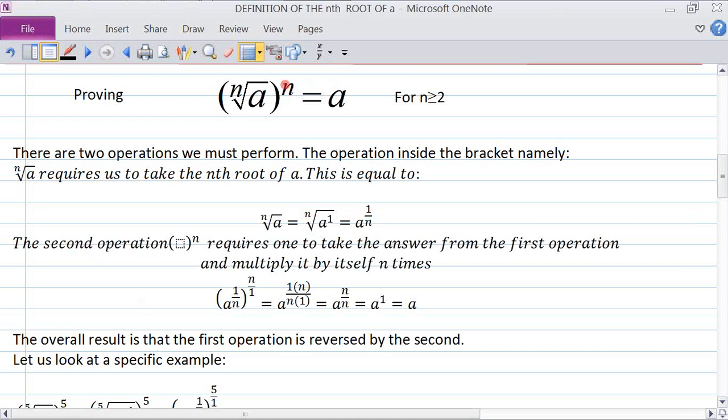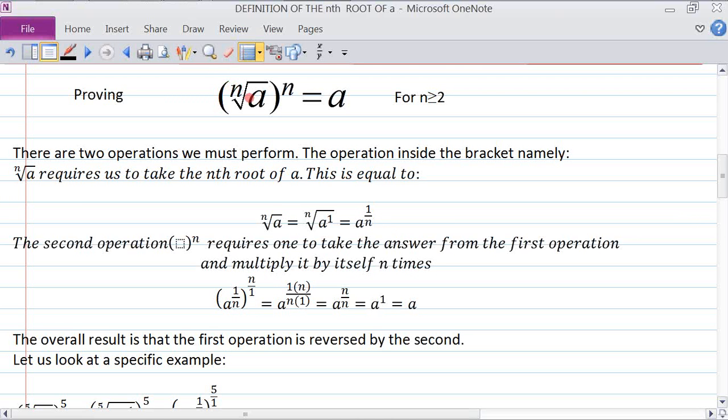Now the second operation, which is whatever happens as a result of this, the operation to the nth power, requires us to take the answer from the first operation and multiply it by itself n times. So we take this one, we put it over here, and then we multiply it n times.